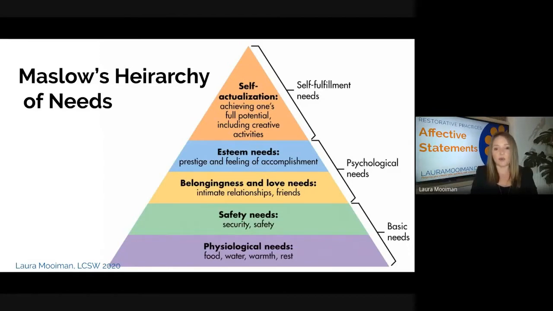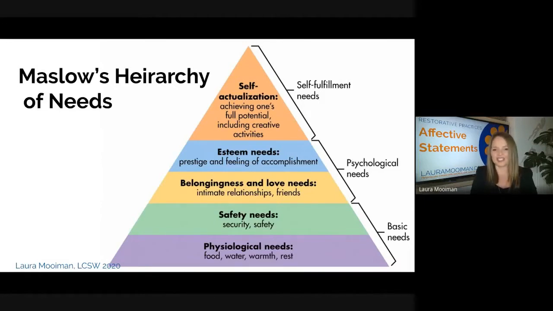And before they can get to that self-actualization place where all students need to be to learn, that's where teachers are asked to make kids do things that are creative and collaborative and achieving their potential, and they're not able to do that unless other needs are met. So we want safety needs met and belongingness and love, relationships, friends. Restorative practices comes there in that yellow kind of zone.